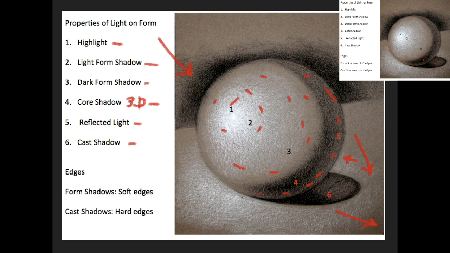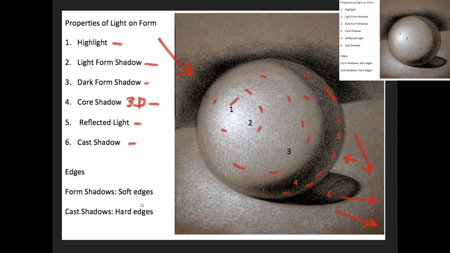Notice how it runs right into this nice curve in through here, so it touches where the ball touches. There's absolute dark in through here, then it fades a little bit. We get more light in through here, and we get some reflected light, and it eases up. As a matter of fact, as the shadow pushes longer, the edge of this will start to fade a little bit and get a little bit softer. And we'll talk about these edge differences even further in a moment as we get to the figure.